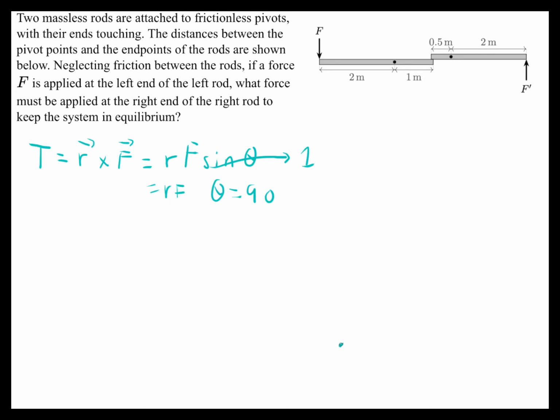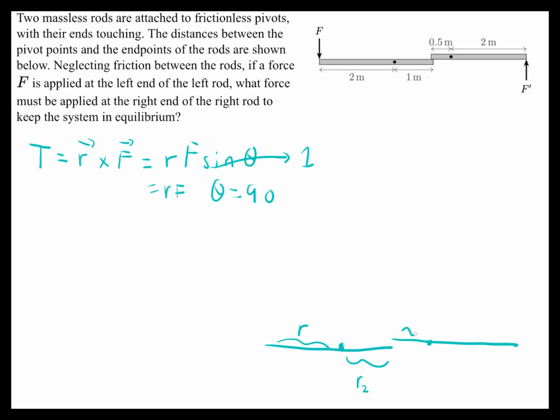This is going to be the center of the left rod, and say that we have a rod here, and then we have another rod here, and I'm going to call this distance R. This distance here I will call R. This distance I'll call R2.